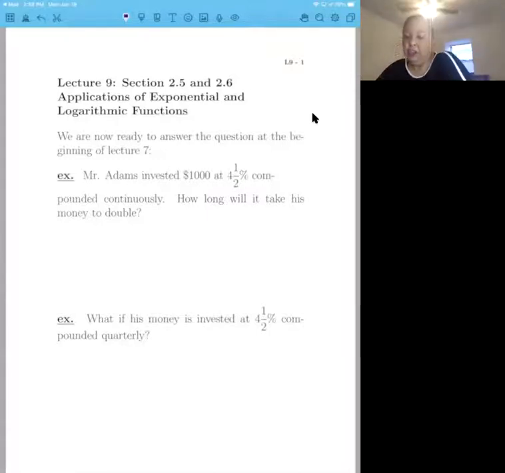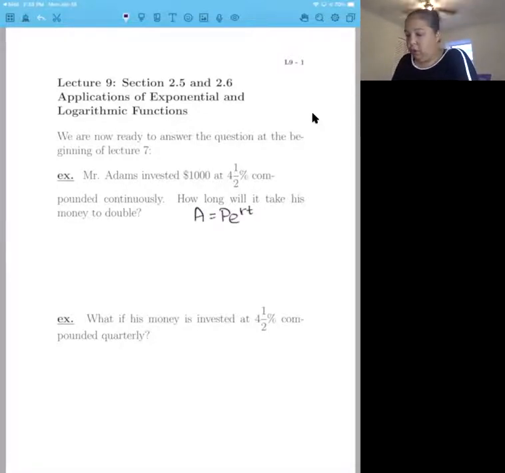So for example, Mr. Adams invested $1,000 at 4.5% compounded continuously. How long will it take his money to double? All right, so we know that the continuously compounded interest formula is A equals P e to the rt.